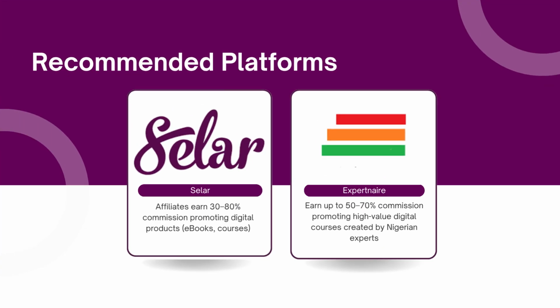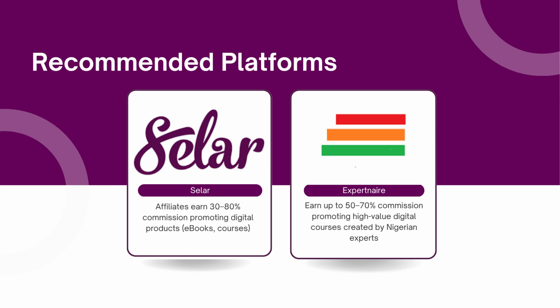Welcome to the final module in this course. In this module, I'll be recommending platforms where you can sign up to be an affiliate and then start to earn passive income. These are two very popular platforms in the education and online courses niche.